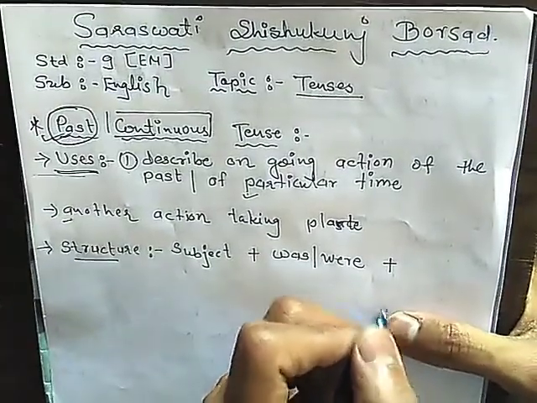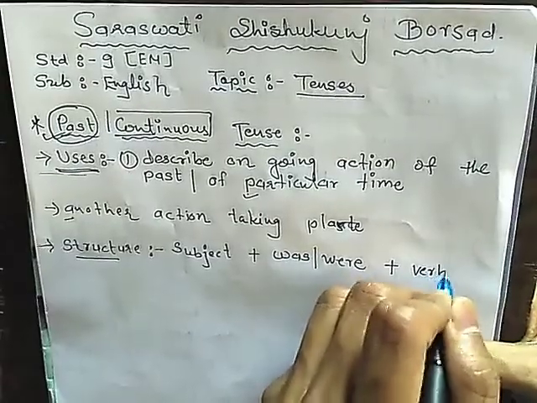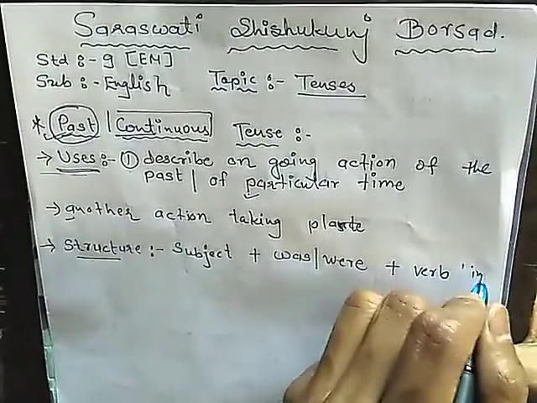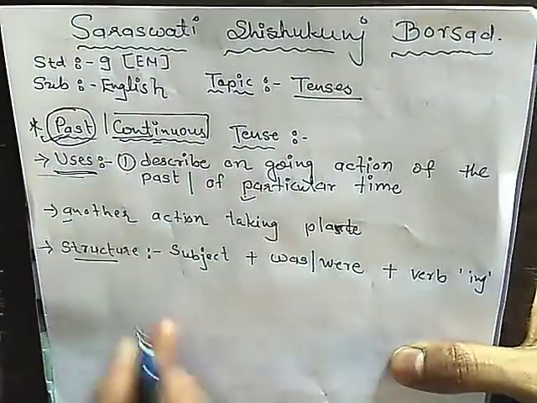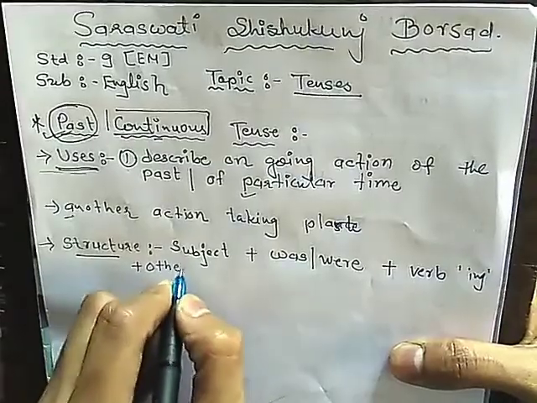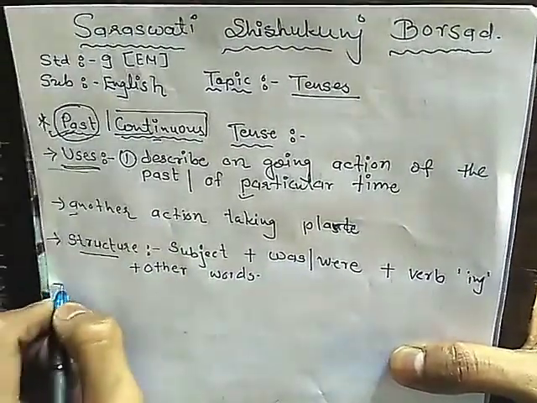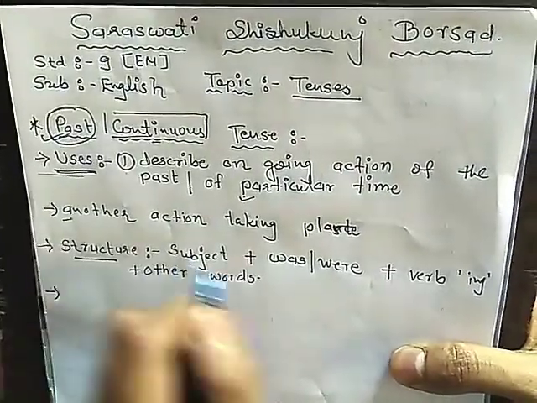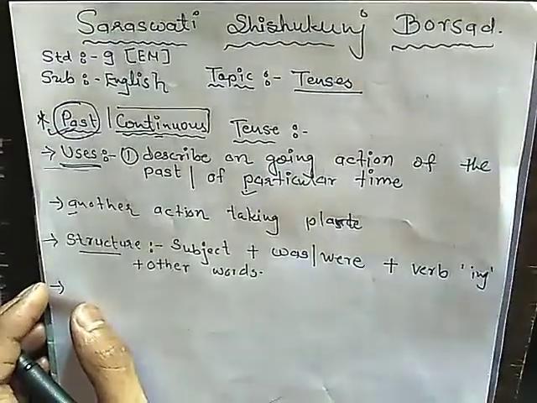Then after that we have to put the verb with ing form. Why? Because it is continuous tense. Then after that other words will take place. So this is the structure: subject, was/were, verb with ing and other words.